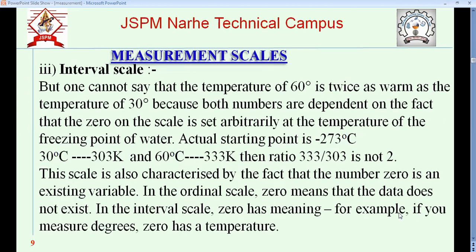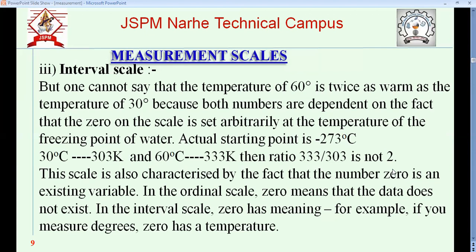But in the interval scale, you don't know the exact origin, so if you take a ratio, there is a problem. The actual scientific scale of temperature is Kelvin, whose true zero is 0 Kelvin.